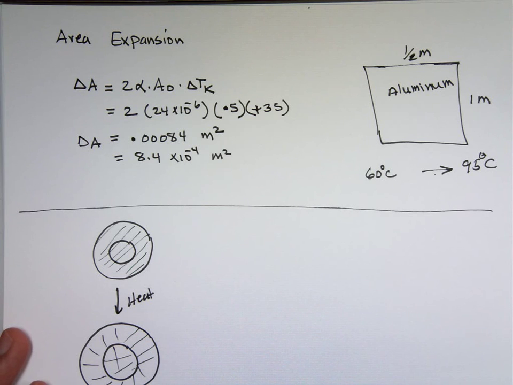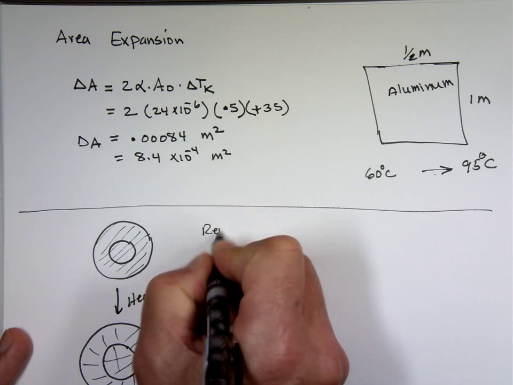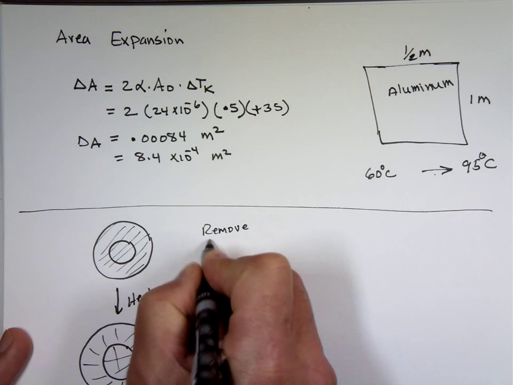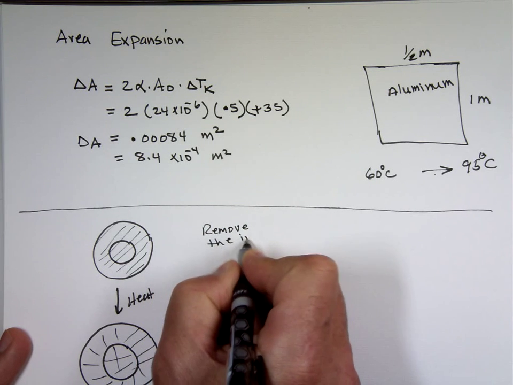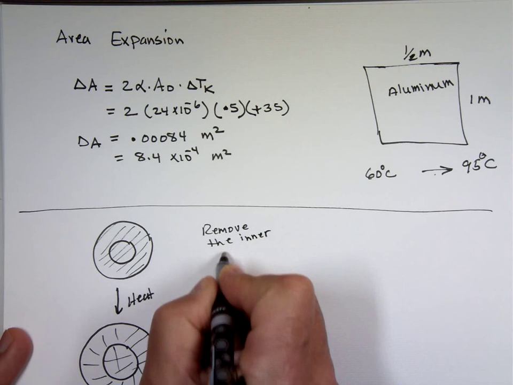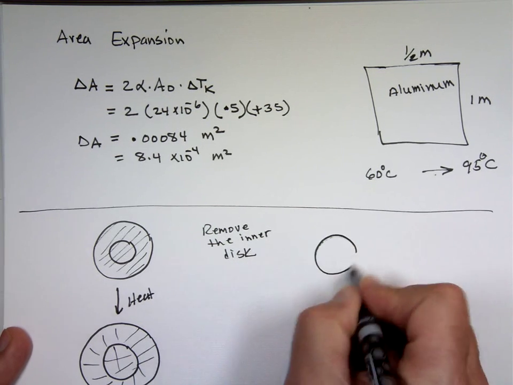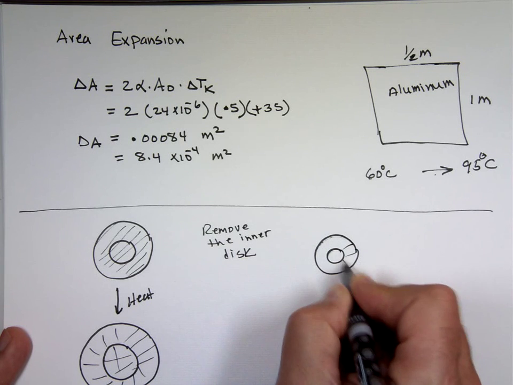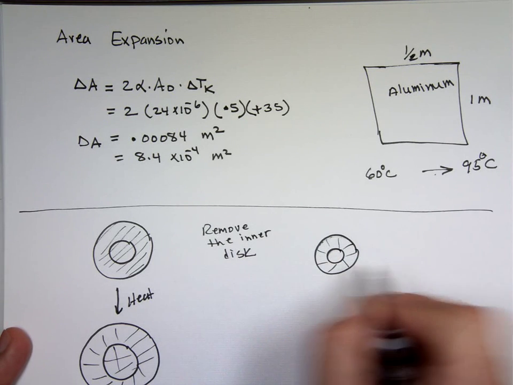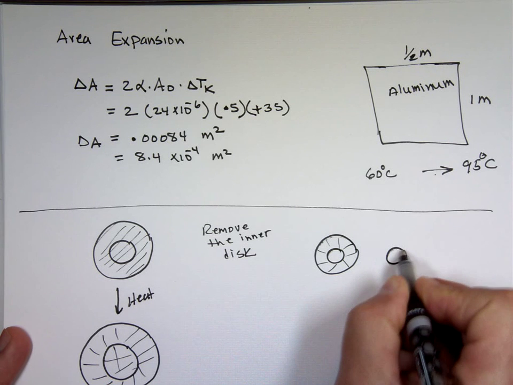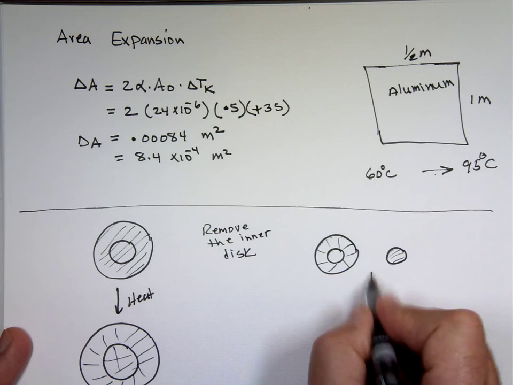Now, if we remove the inner disc, that little washer, remove the inner disc, then heat it, so it will look like this. So there's a hole in it, and you get that piece there, and now you heat that.